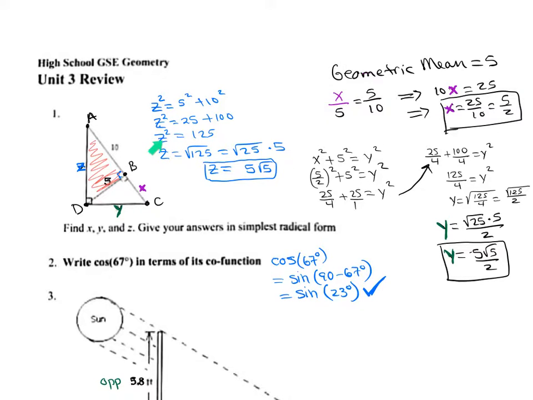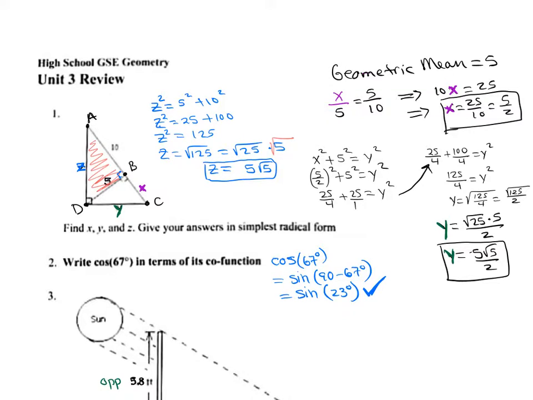We'll take the square root of both sides. So z is the square root of 125, which can be split into square root of 25 times the square root of 5. The square root of 25 is 5, and the square root of 5 just remains. So z is 5 square root of 5.